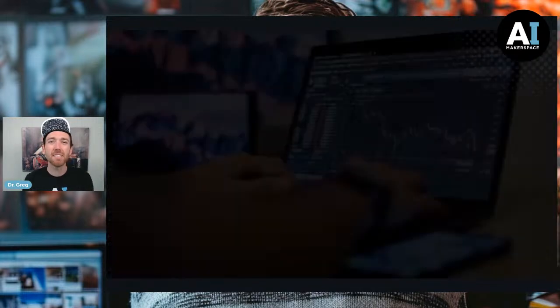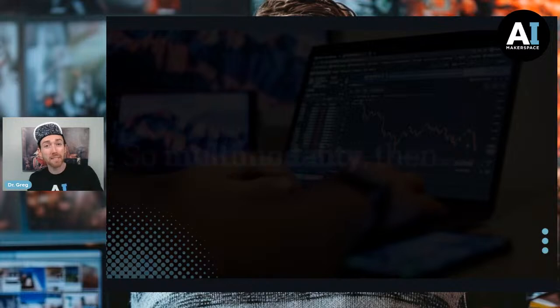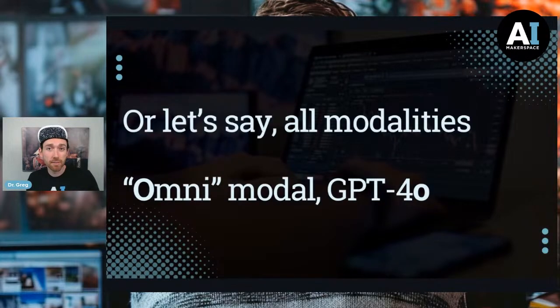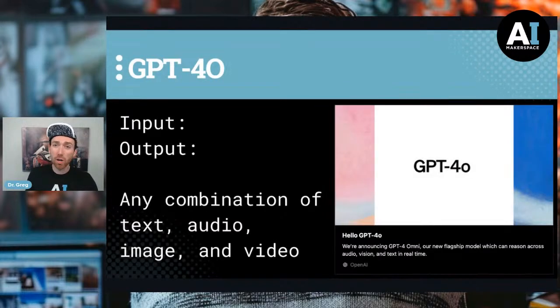So we're seeing this convergence of multimodality, or, to be in buzzword compliance with OpenAI today, we might say Omni modality, all the modalities. We might say that's what GPT-4o and what comes next is aiming at.